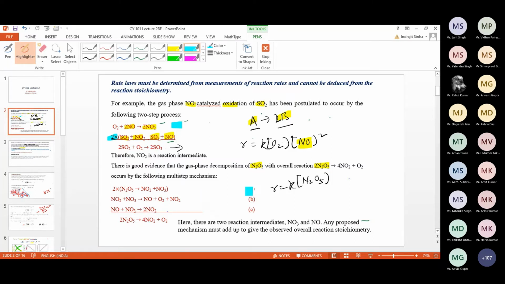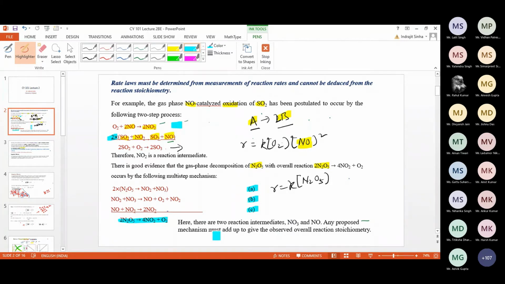Okay, similarly, this particular reaction, the decomposition of N2O5, nitrogen pentoxide, is also a multi-step process, and again, these are the steps in the mechanism A, B, C, and you add up the steps in the mechanism and you get the ultimate stoichiometric equation.